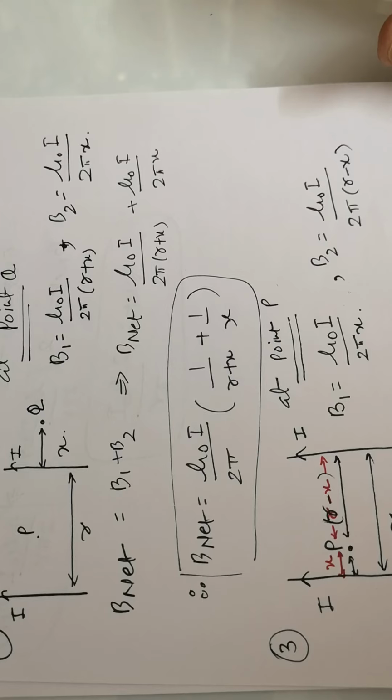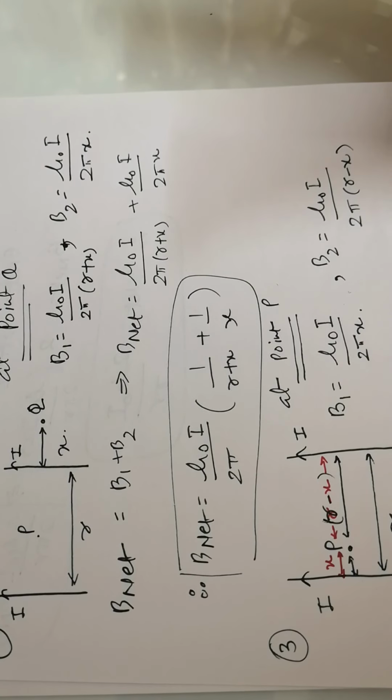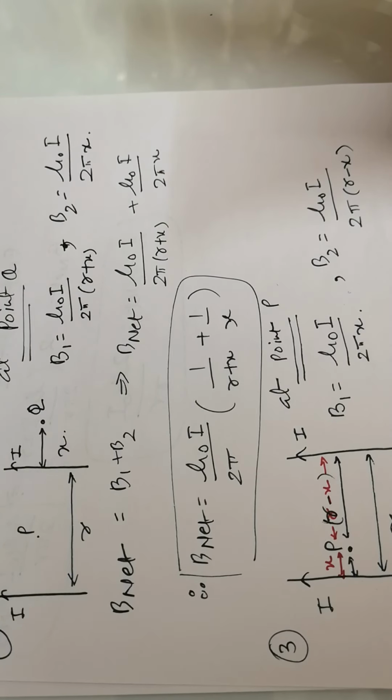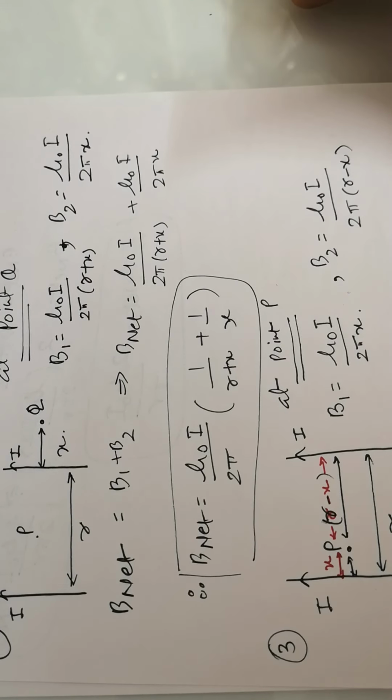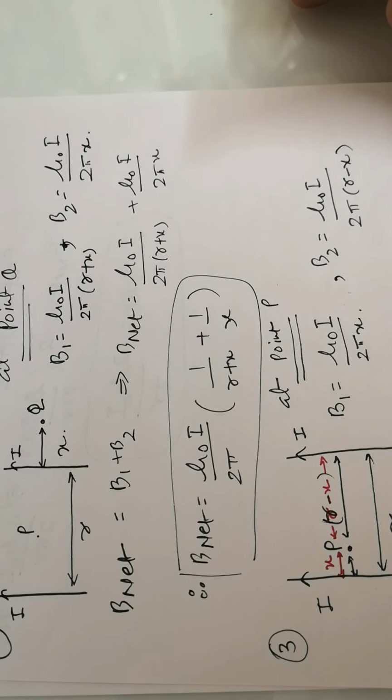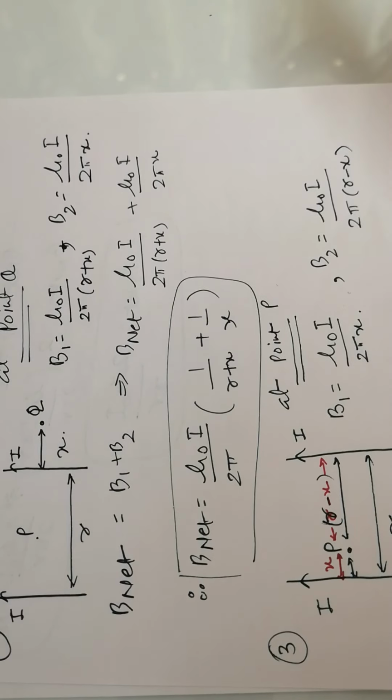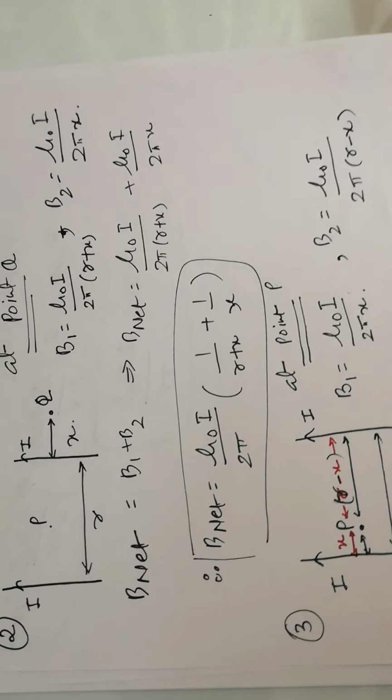So I have placed almost all different types of cases in front of you, related to the force between two parallel current carrying conductors. So do revise frequently, and you might be capable enough to solve some of the complicated examples.